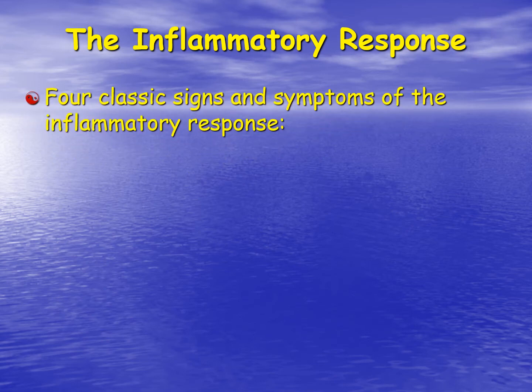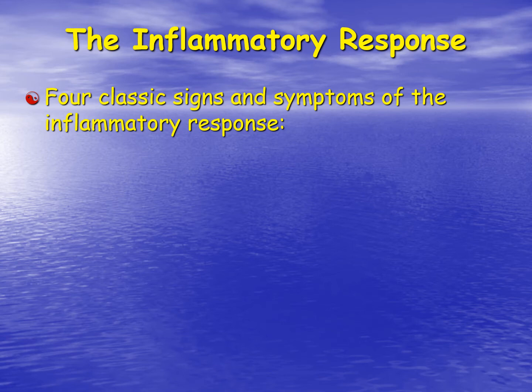Four classic signs of inflammation. And so let's talk about the inflammatory response. Phagocytosis is really part of the inflammatory response. And inflammation is a nonspecific, rapid response to injury in vascularized tissue. And that's important.